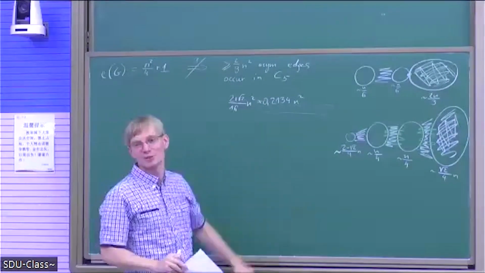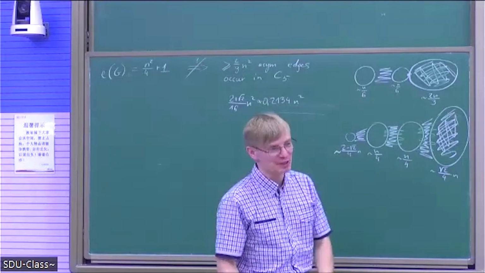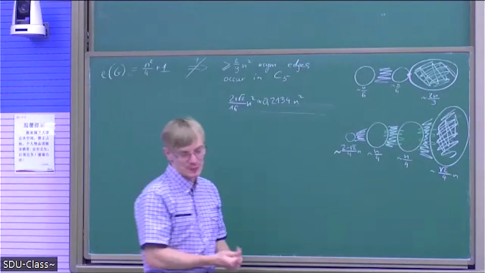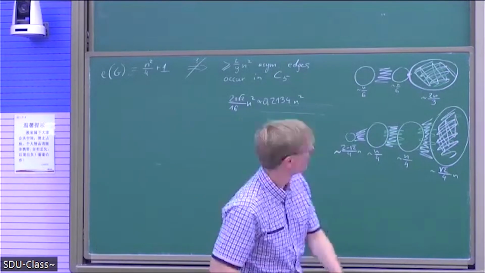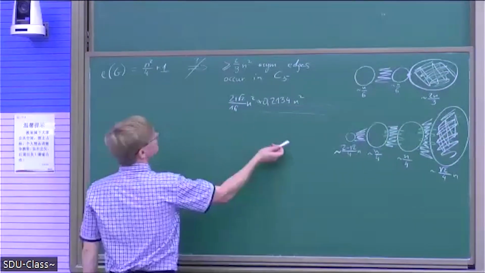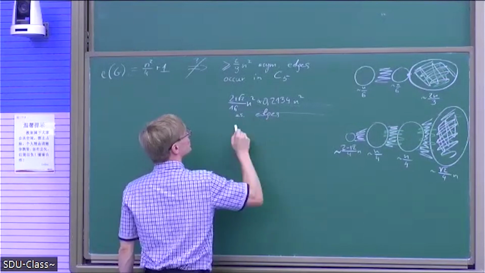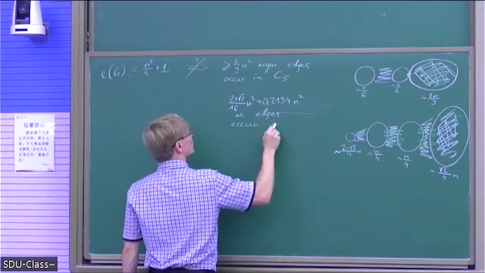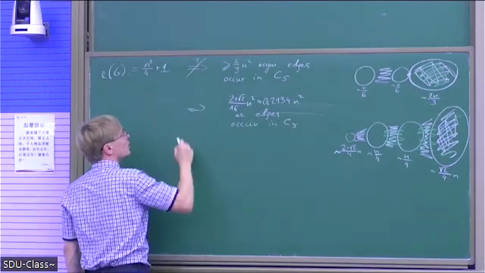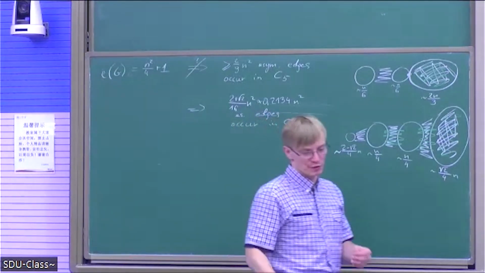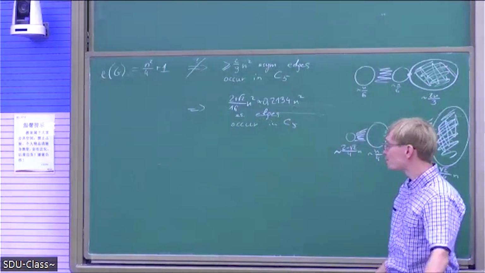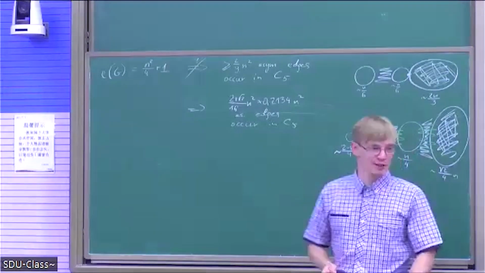So you can create a bit better graph. This was found, and finally proved that this number is asymptotically the number of edges occurring in C5, in our joint work with Ping Hu and Jan Volec, and we did it using flag algebras.